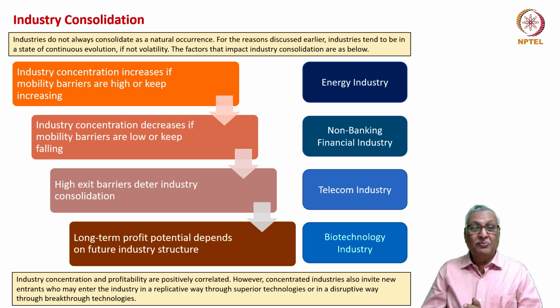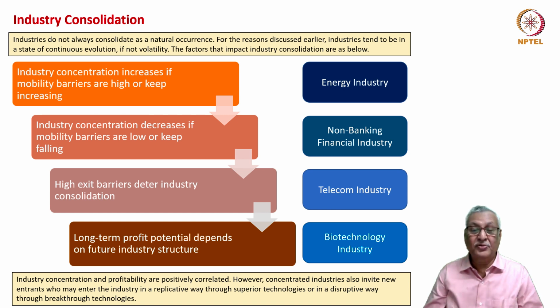You will find the principles which I have outlined here in energy industry, non-banking financial industry, telecom industry, and biotechnology industry. In energy industry, we have high concentration. Utilities which have mega power plants dominate the industry. In the non-banking financial industry, it is difficult to find companies which are uniformly successful and uniformly capable.